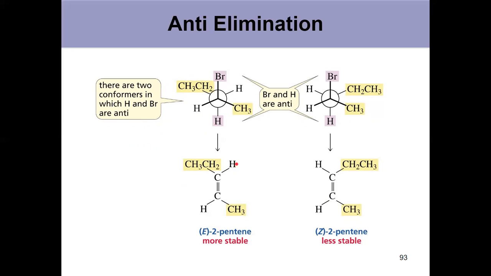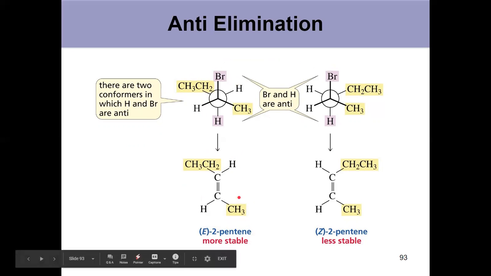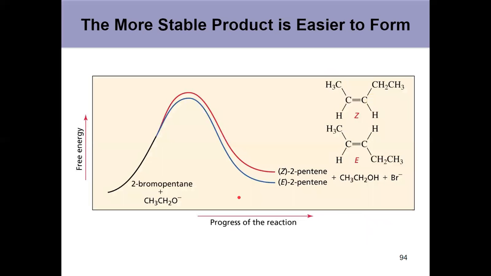anti-elimination, right? Two possible conformers where the hydrogen and the bromine are in an anti-configuration here and here, but we're going to form the more stable conformer overall. Hence why E, following Zaitsev's rule. Don't forget about that. That's the first thing to determine, your beta carbon.